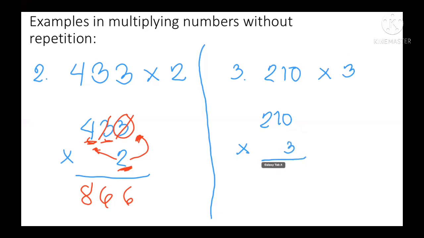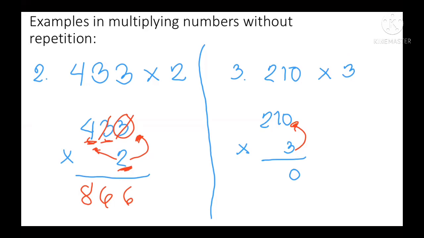Again, ones place, 3 times 0. Remember, any number multiplied by 0 is always 0.